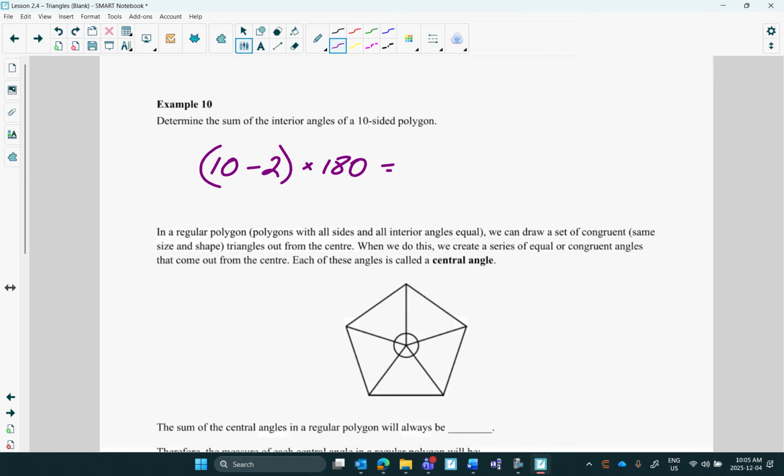That's right. You get 1,440 degrees. So again, that's better than having to draw a 10-sided polygon, having to figure out how many triangles, and then going from there.